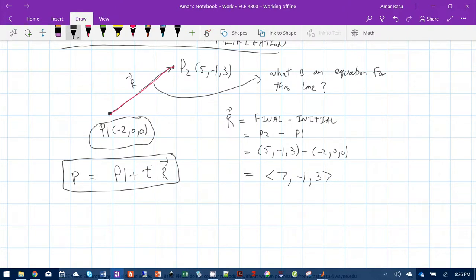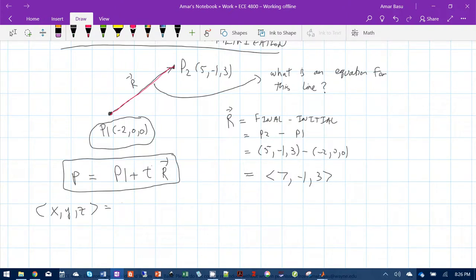So that generic point P, we can just say x, y, z, is equal to, we're going to put in the coordinates for P1 here, so -2, 0, 0, plus t times 7, -1, 3.